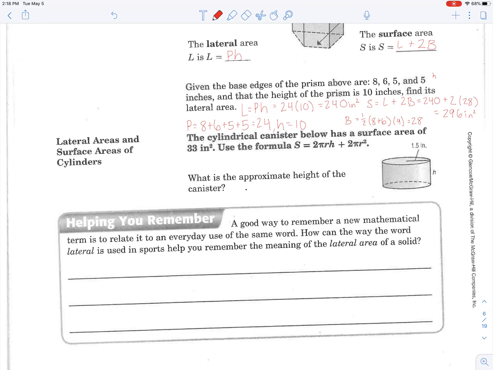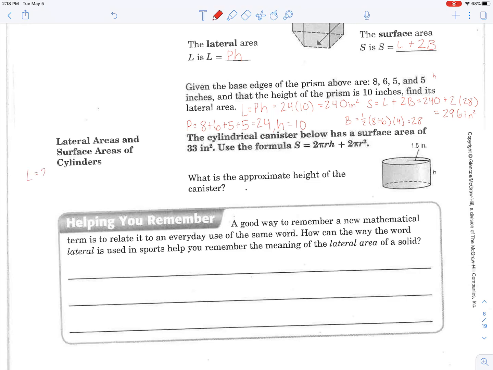The cylindrical canister below has a surface area of 33 inches squared. Use the formula S equals 2 pi RH plus 2 pi R squared. What is the approximate height of the canister? Okay, well, let's back up and write down our lateral area and surface area formulas for a cylinder.